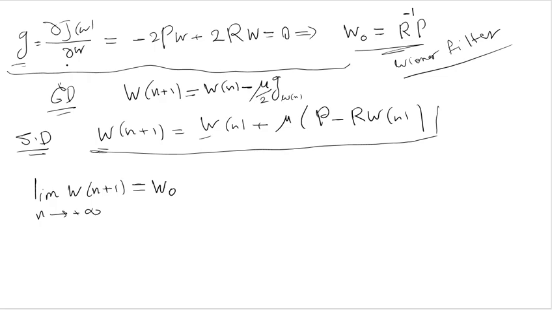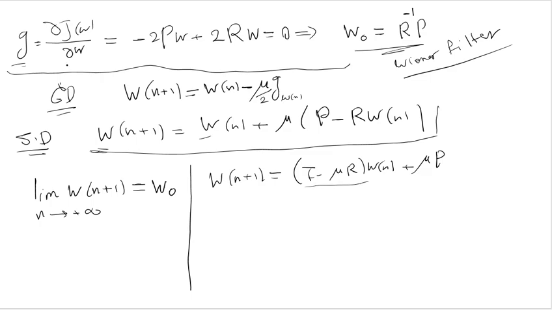I can rewrite this update rule. I can write it like this: I minus mu R times W(n) plus mu P. Why we have convergence problem? As you see, there is a feedback here. This is a recursive equation, and we will have feedback.